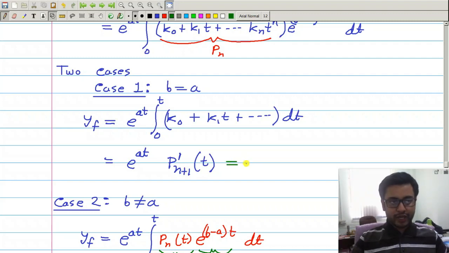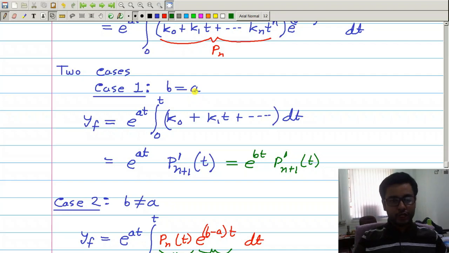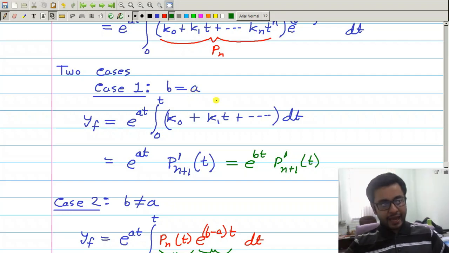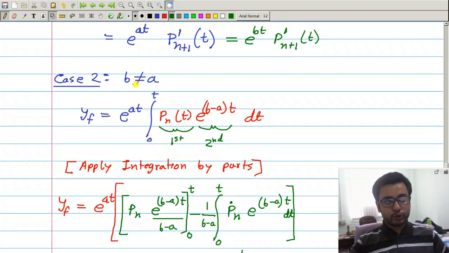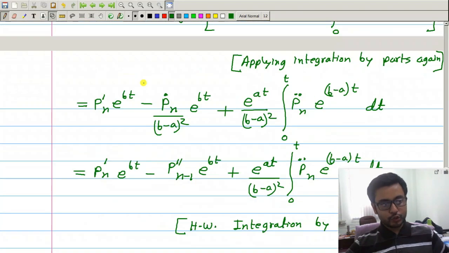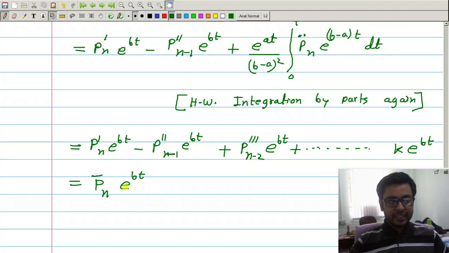This you can also write as e to the power bt p prime n plus 1 t, because b is equal to a. And if b is not equal to a, then the final solution will be e to the power bt multiplied by a polynomial of degree n.